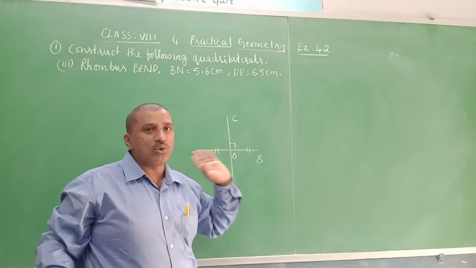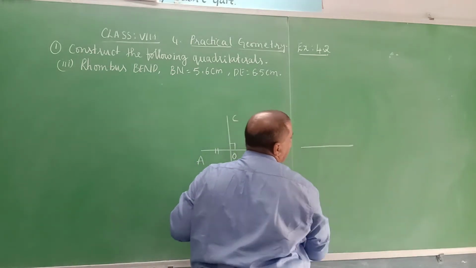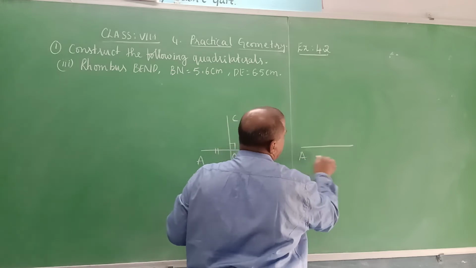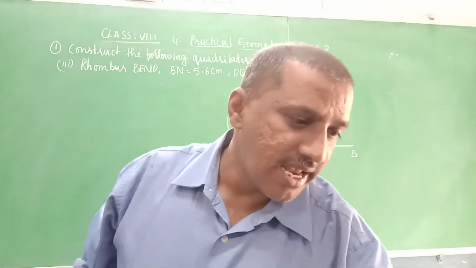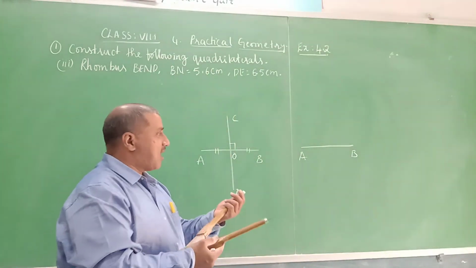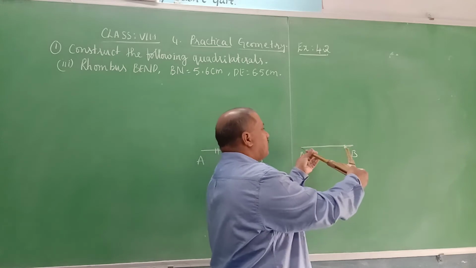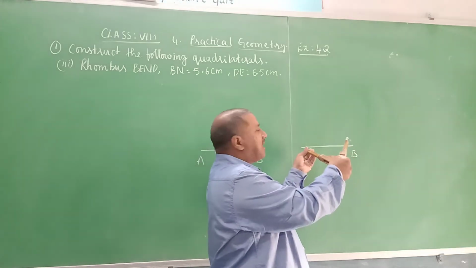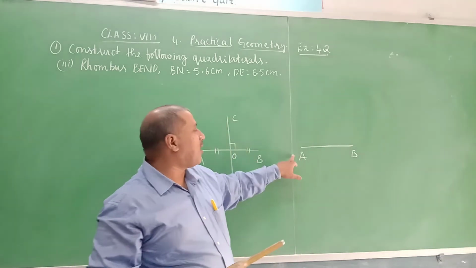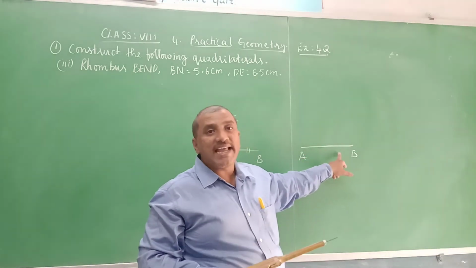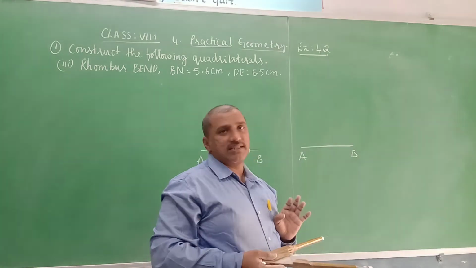Now we will discuss how to construct a perpendicular bisector to a given line segment. Let AB be the given line segment. As we discussed in class 6, we draw two arcs from point A and from point B by taking a radius more than half of the given line segment.